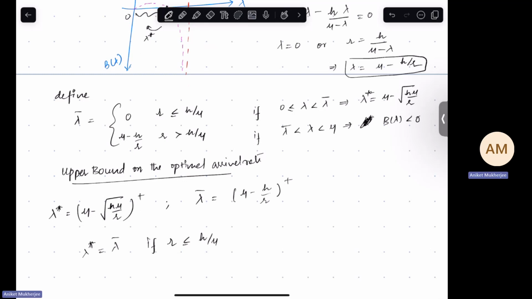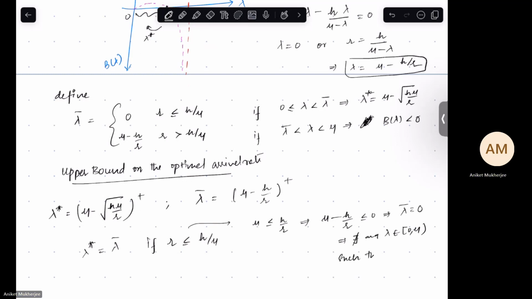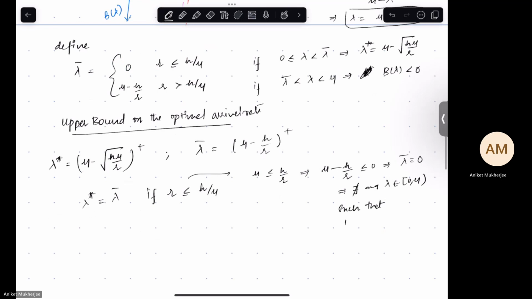So if r is less than or equal to h by mu, what happens is mu is less than or equal to h by r, which implies mu minus h by r is less than or equal to 0, right? Which implies lambda bar equals 0. If lambda bar equals 0, it implies that there does not exist any lambda belonging to 0 to mu such that beta lambda is greater than 0.